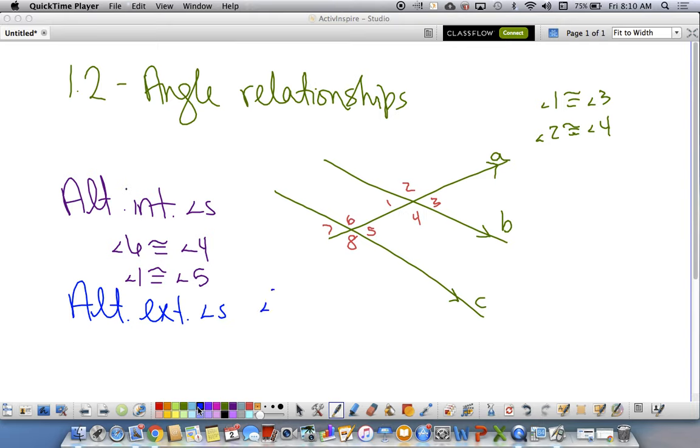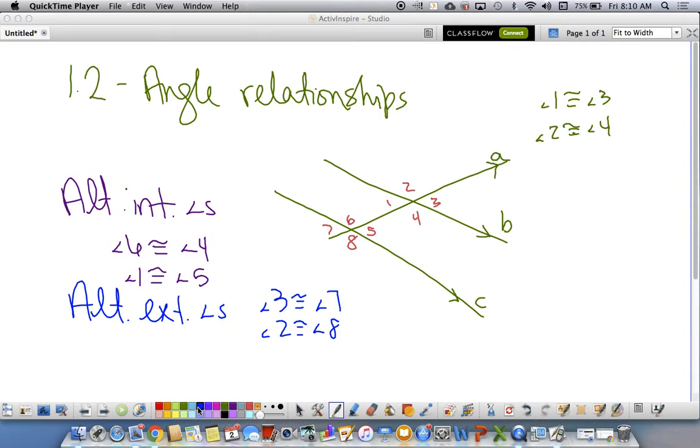How are they related? They are congruent if the lines are parallel. Goes back to geometry. We proved all of this in geometry. Is there another pair of alternate exterior angles? Susie, give it to me. Angle 2 and angle 8. Okay.